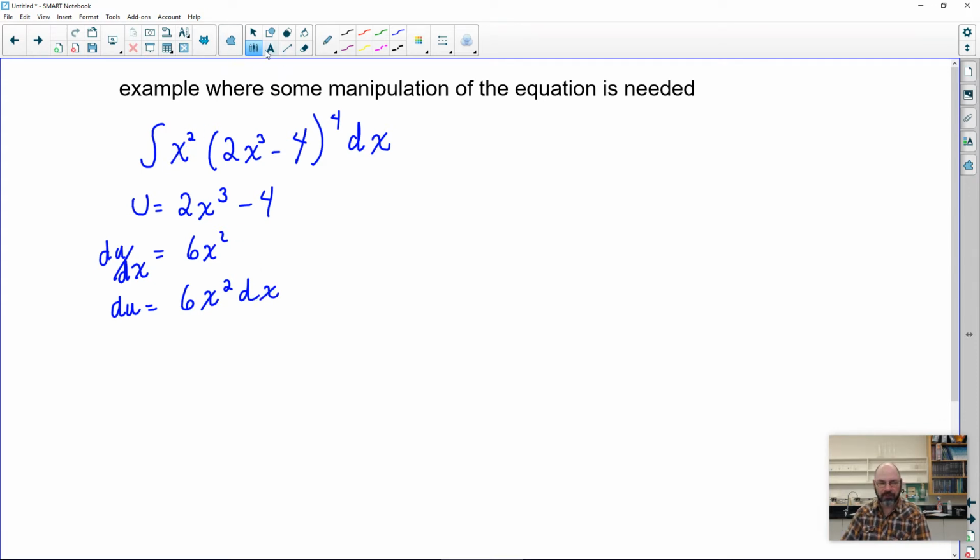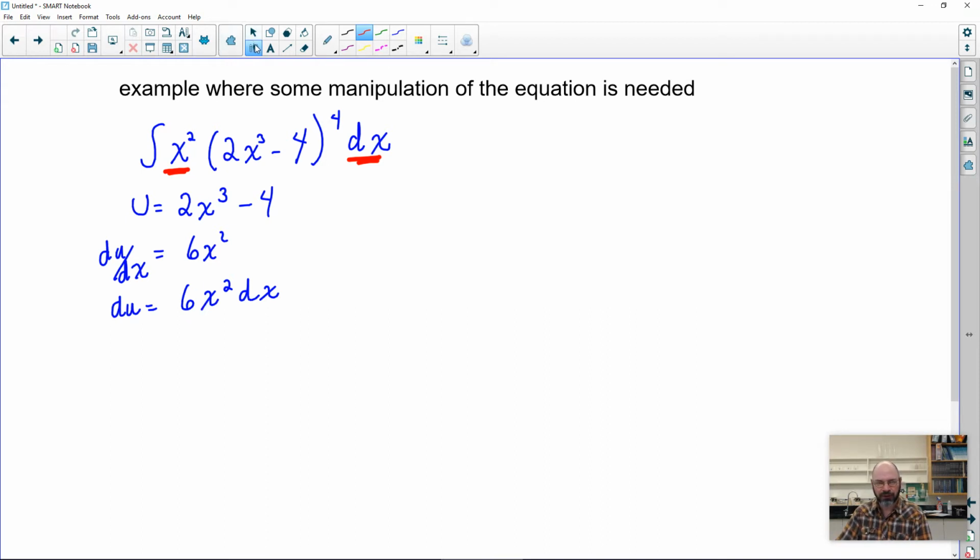So we're going to have to do a manipulation, and it's a simple one. We want x squared dx, not 6x squared. So how do you change 6x squared to x squared? We divide by 6 on both sides.